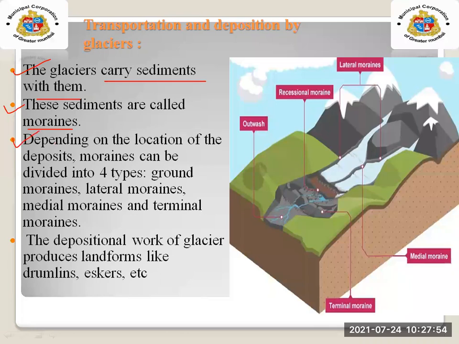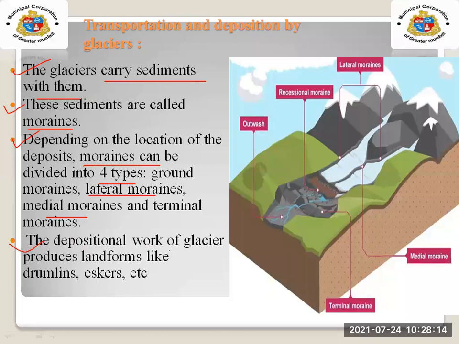Depending on the location of the deposits, moraines can be divided into four types. That is ground moraines, lateral moraines, medial moraines, and terminal moraines.